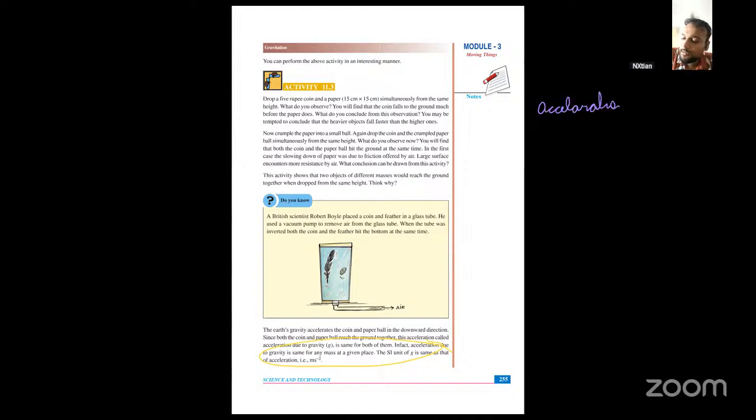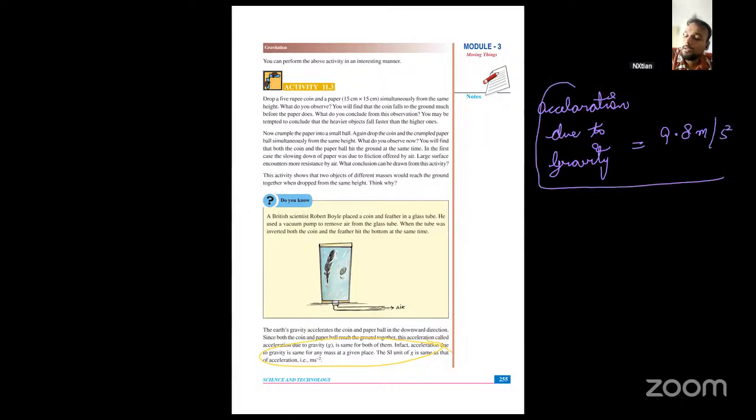Acceleration due to gravity is equal to 9.8 meter per second square, and we basically take the approximate value as 10 meter per second square. This is the gravitational value of gravity.